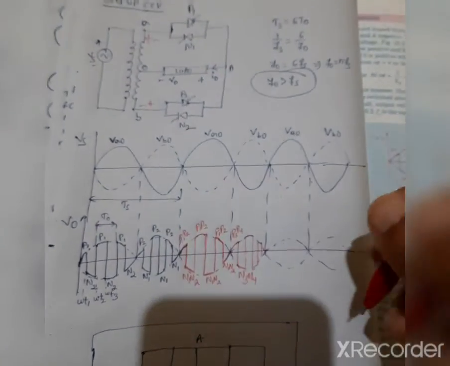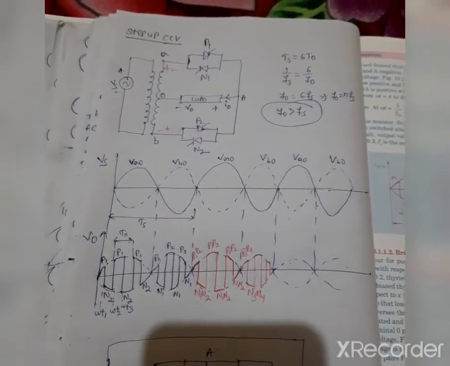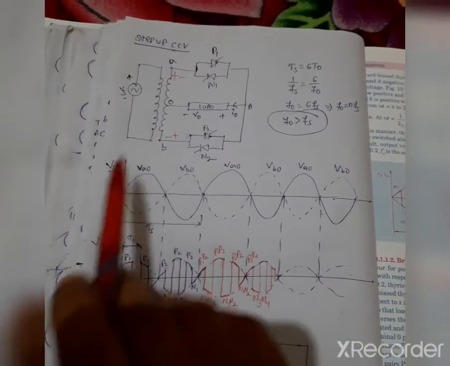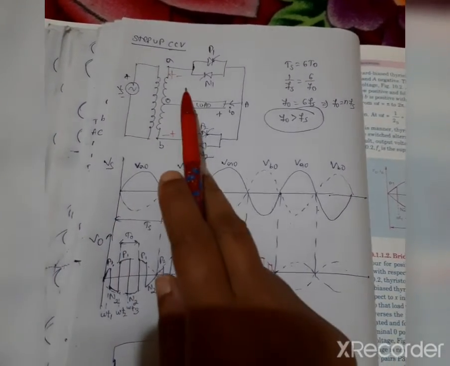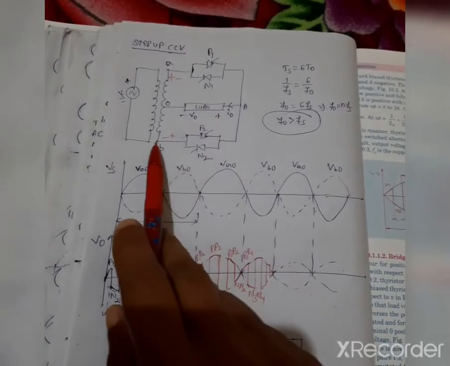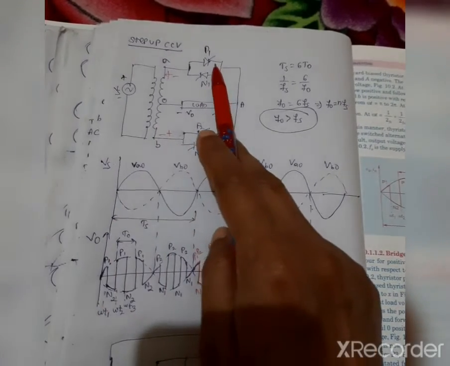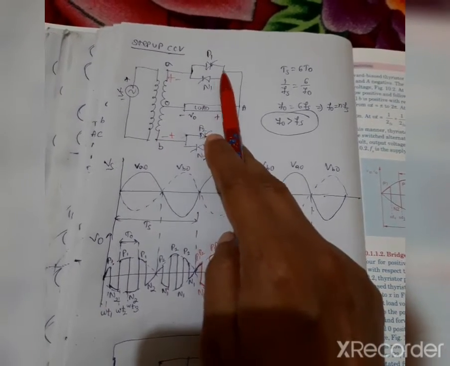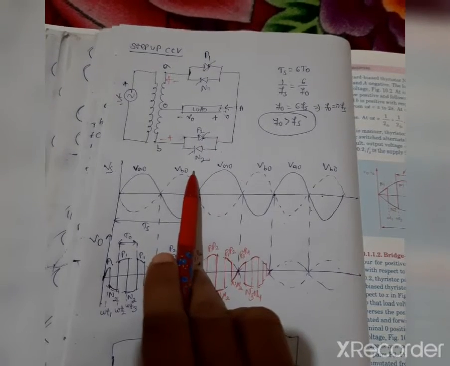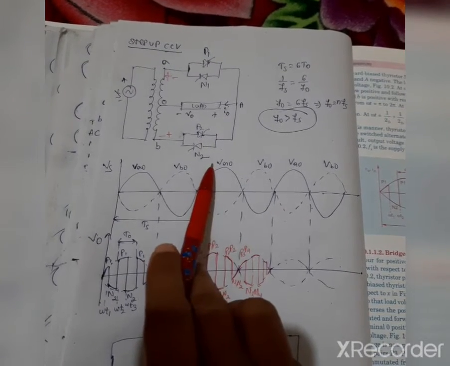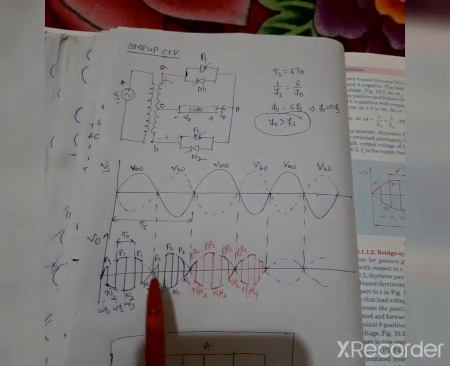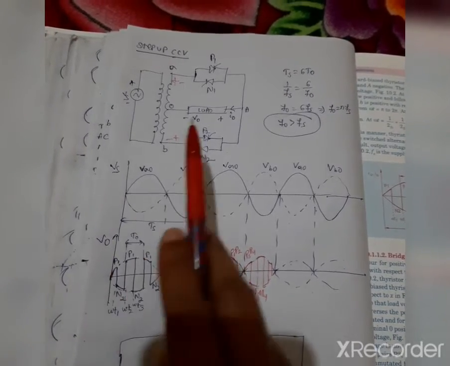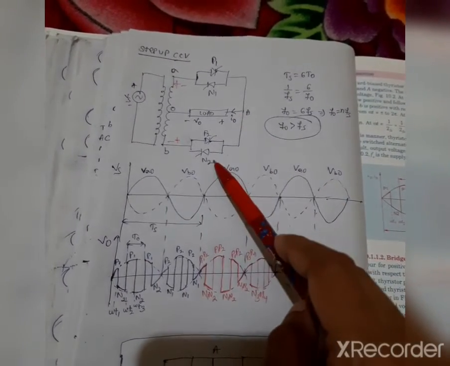So when A is positive with respect to B, that means P1 is forward biased and N2 is forward biased. So in the step up cycloconverter, in the first positive half cycle, P1 and N2 are forward biased.